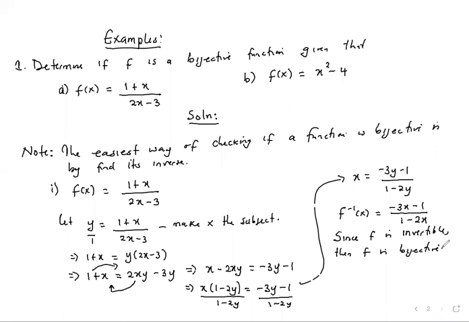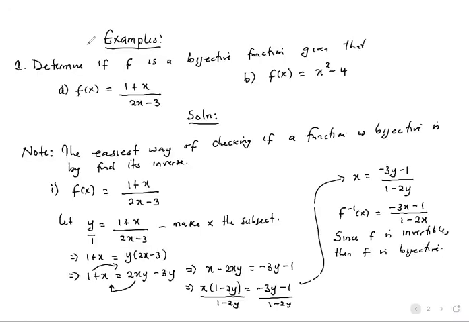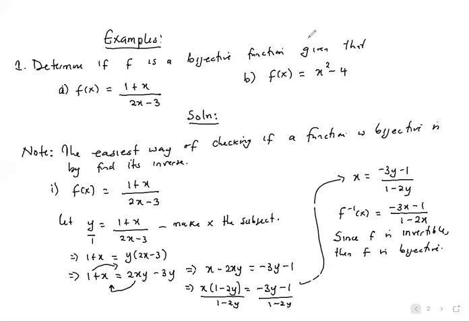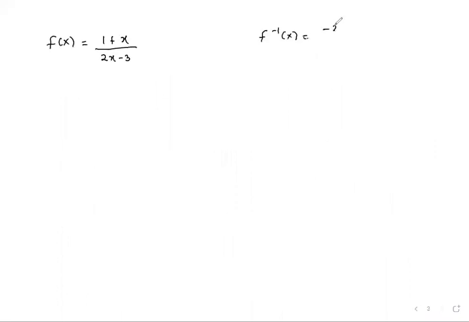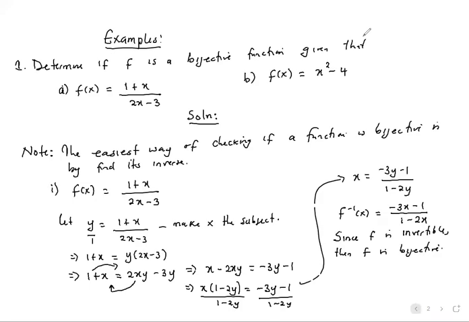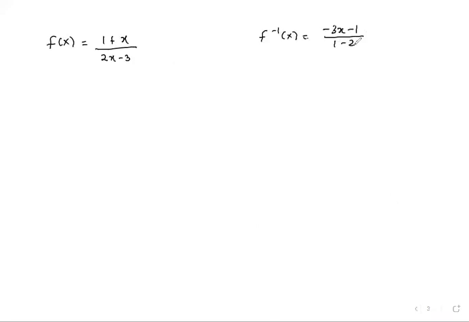If you feel it's too light, then you can say, okay, we have f of x is equal to (1 + x) over (2x - 3). We also have f inverse of x is equal to (-3x - 1) over (1 - 2x).